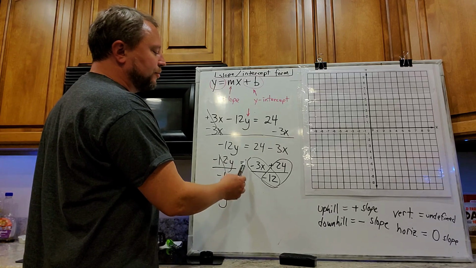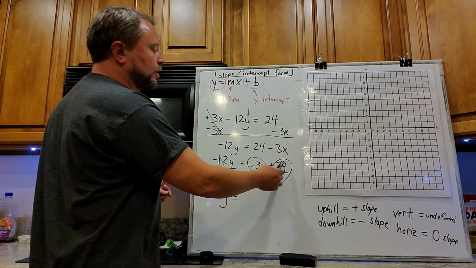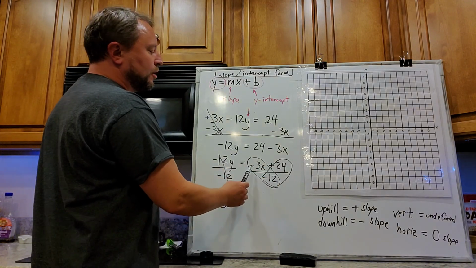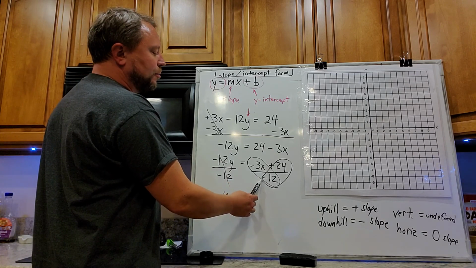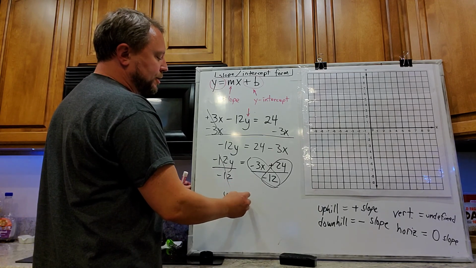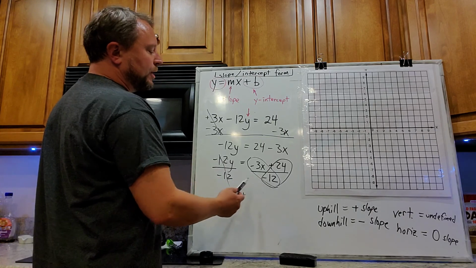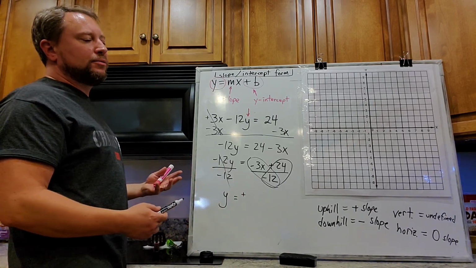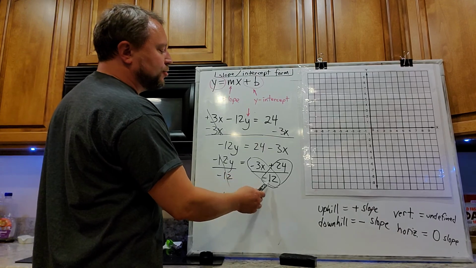All right, so let's do our divisions. Again, one by one. Each one is a separate division. So over here, a negative divided by a negative would be a positive. 3 divided by 12 does not come out to a nice whole number, but it does reduce.